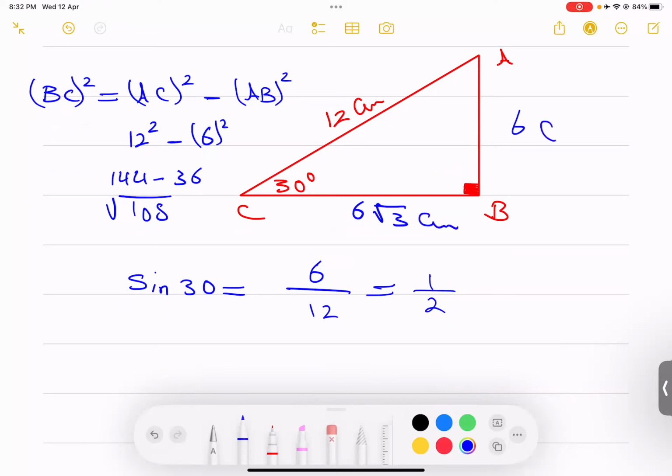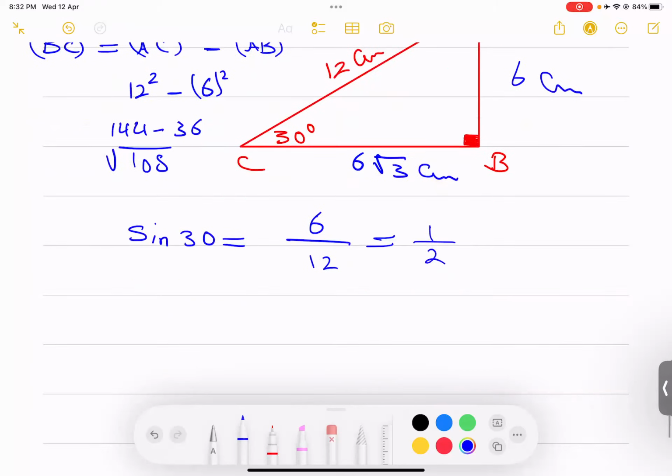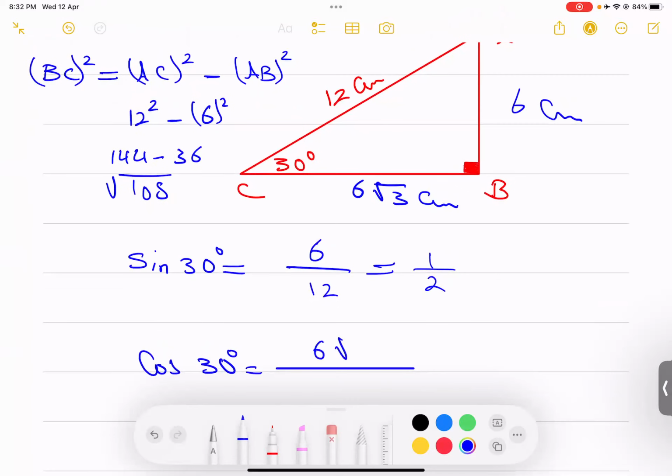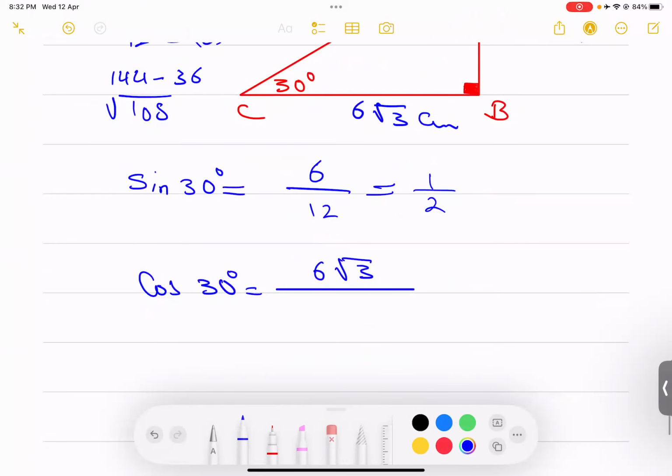So could you tell me, Malak, how could I get the cosine of 30? Cosine is the adjacent, so 6 root 3. Yeah, perfect. Over? 12. Over 12. That sounds great. So 6 divided by 12 is going to be half, so it's going to be root 3 over 2.